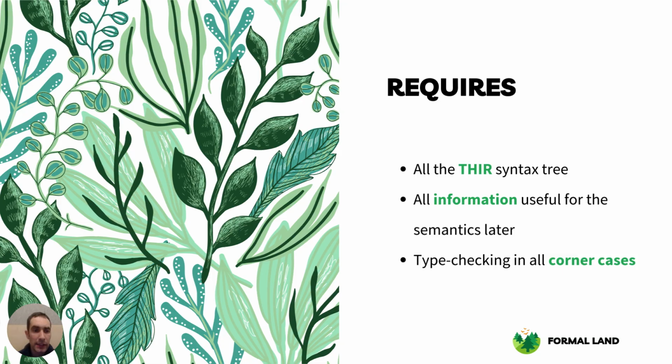And we translate everything from this syntax tree with the information that we need later for the semantics rules, for example, the type annotation of each sub-expression. And we need to make it type check in all corner cases. And of course, when you take real Rust examples, you will have a lot of cases that you have not thought about.